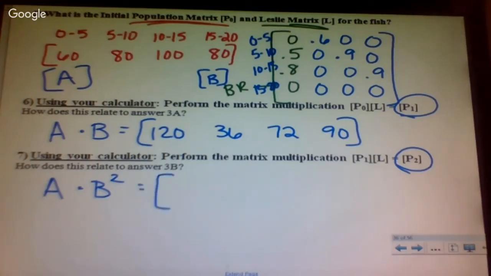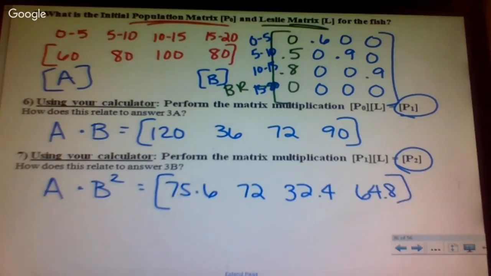So what do we get here? And yes, there should be decimals. 75.6, 72, 32.4, 64.8. Every time you want a transition to happen, you raise it to whatever transition you want. So 2 transitions in this example is 10 years, because every transition is 5 years.